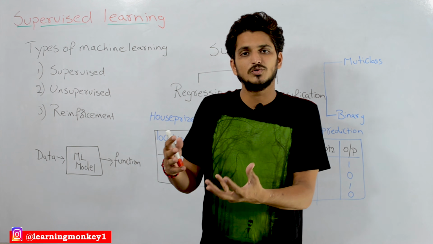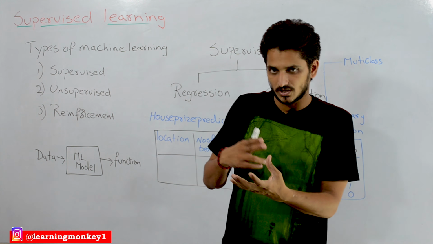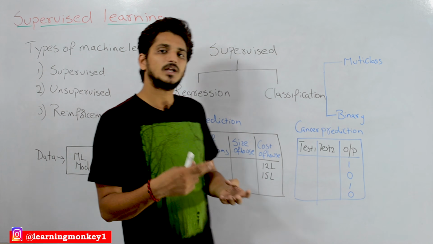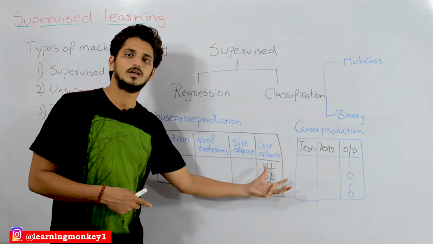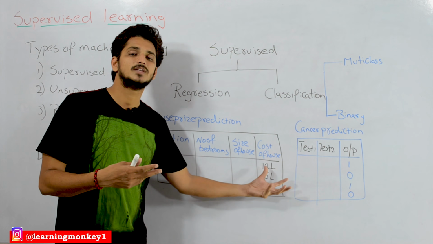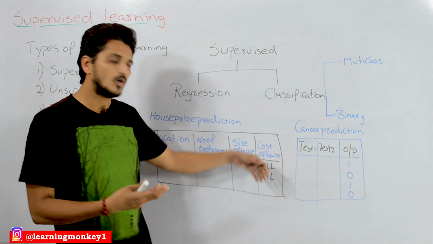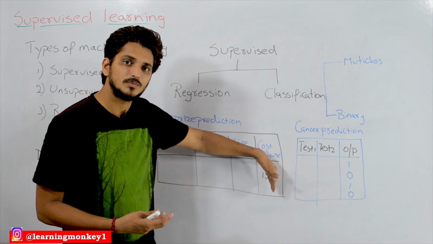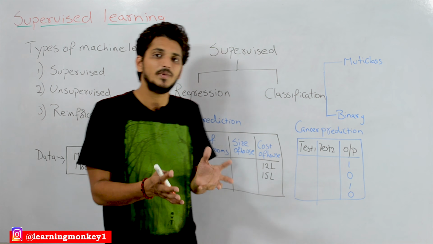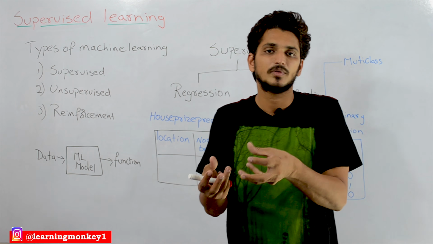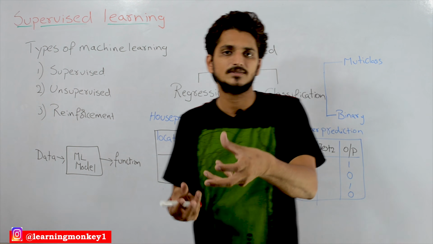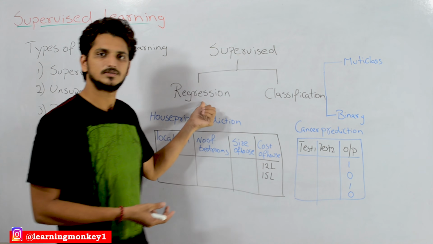There is no limit to this value. Based on the location and size of the house, the cost is decided. The machine learning models that are designed to solve this type of output problem, where there is no limit and you can have any real value, are called regression models.